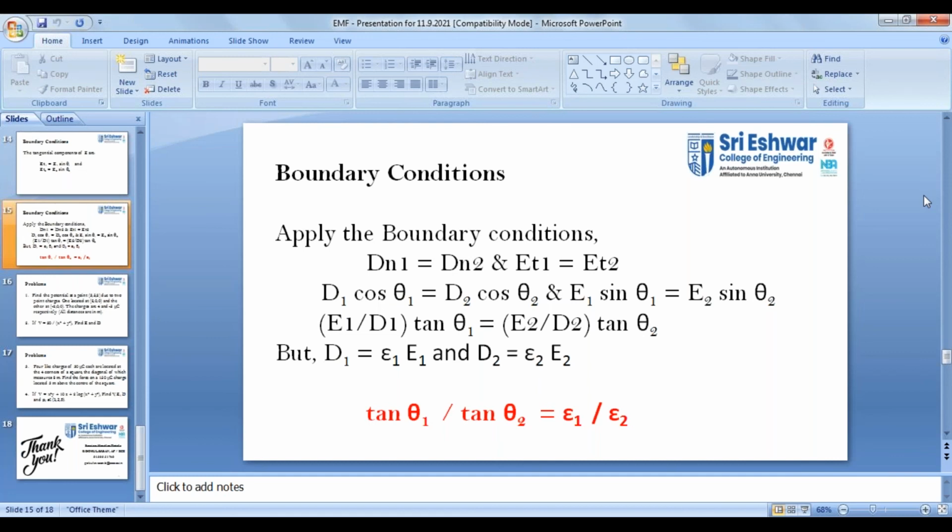Anybody from B section? Because only A section is speaking. Aishwarya or Divyashri, Anjali, etc. Atisha. Okay. B section, any doubts? Okay, I think there are no doubts.